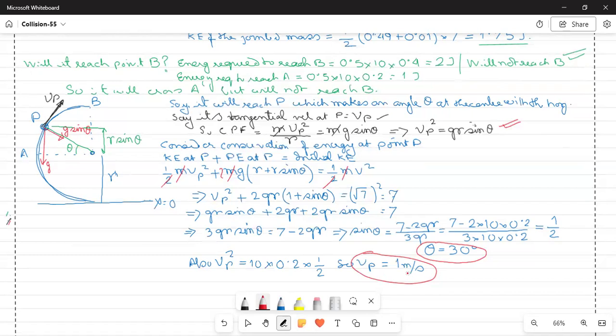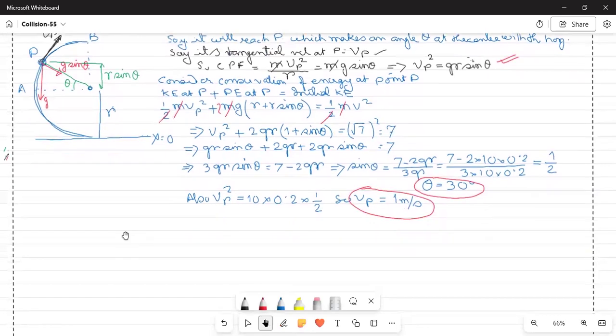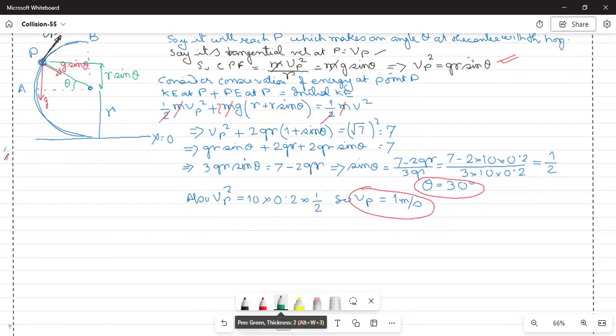We have to see what happens to it after that. Now, once again, try to visualize what happens to it after this.